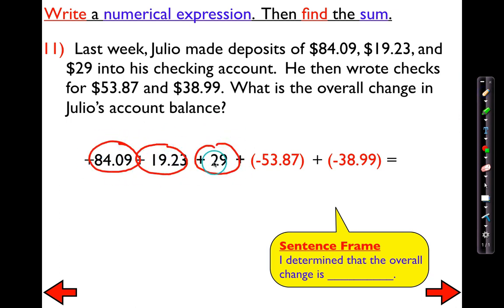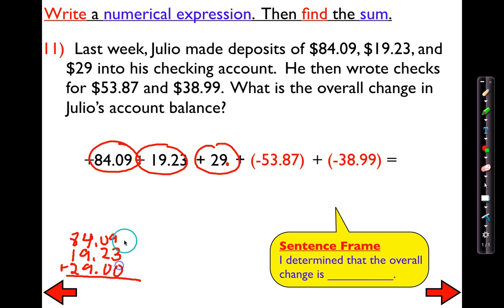At this stage, hopefully all you did was go ahead and combine all the positives together. Ooh, this one doesn't have a decimal. Hopefully you remember it belongs at the end, kind of like the way a period belongs at the end of a sentence, like so. So here, let's go ahead and combine 84 and 9 hundredths with 19 and 23 hundredths with 29. I know this works well because all the 1s are aligned and all the 10s are aligned.